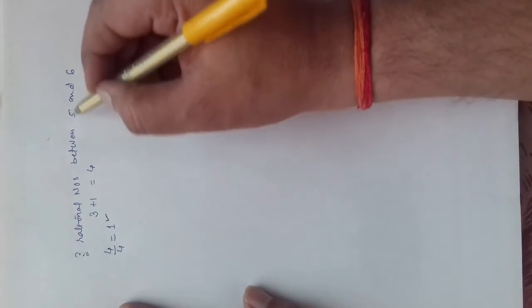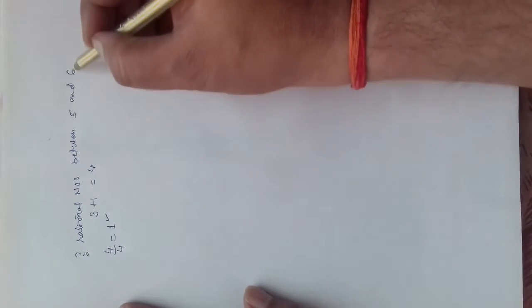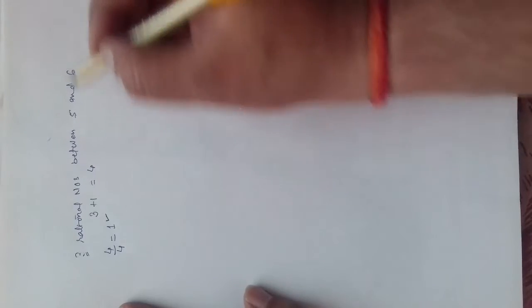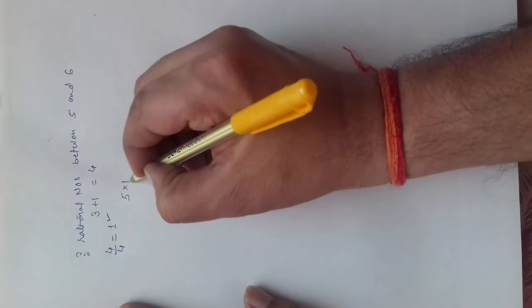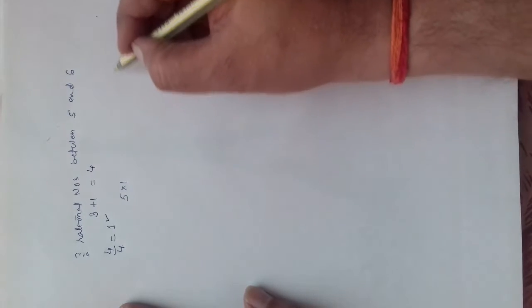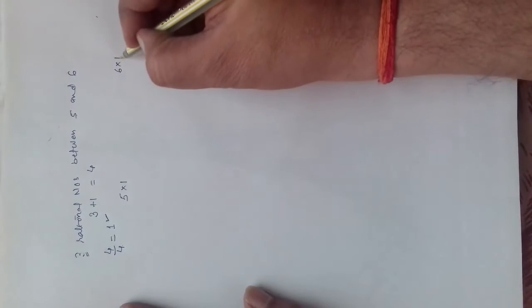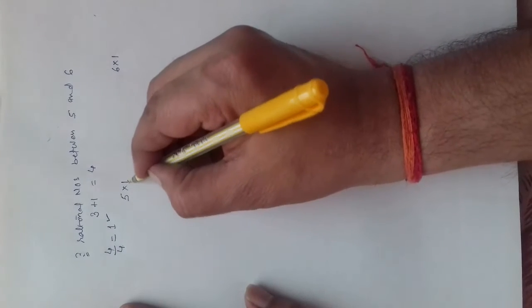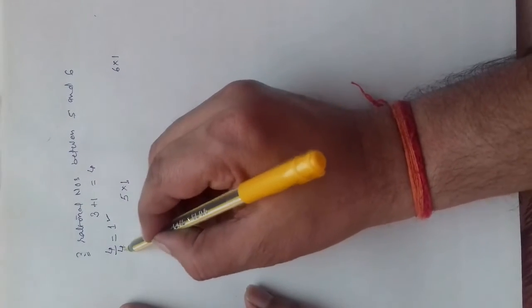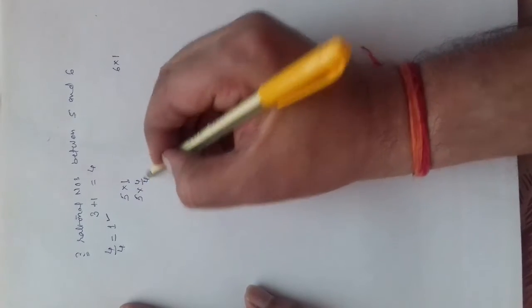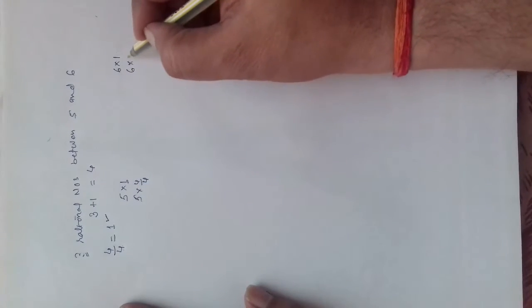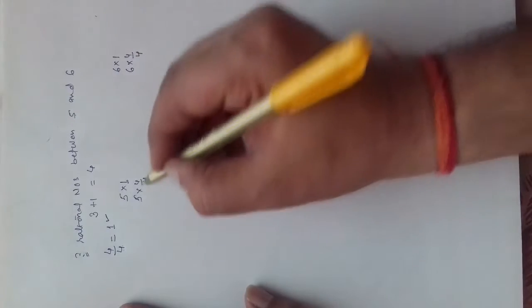So we multiply 5 and 6 both numbers by this fraction. Write here 5 into 1 and on the other side 6 into 1. Now replace this 1 by 4 upon 4. So 5 into 4 upon 4 and 6 into 4 upon 4.